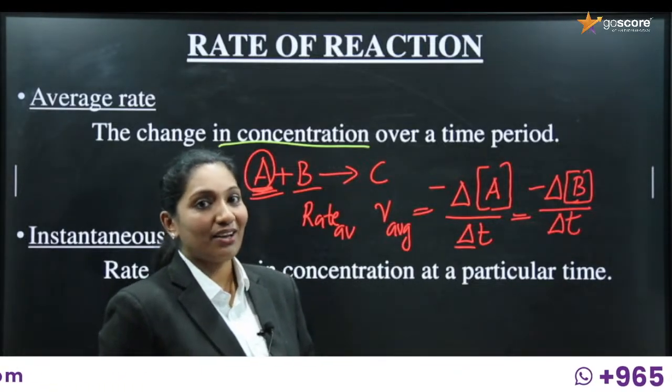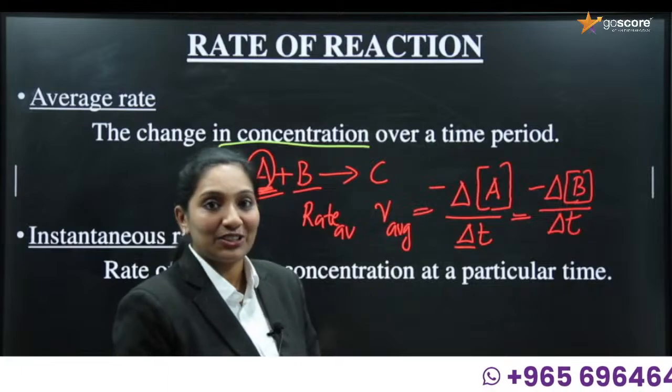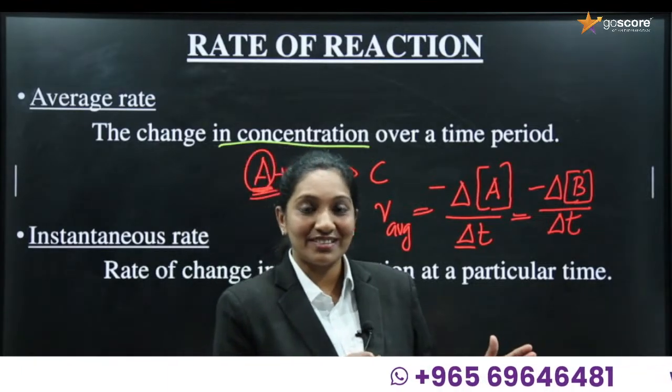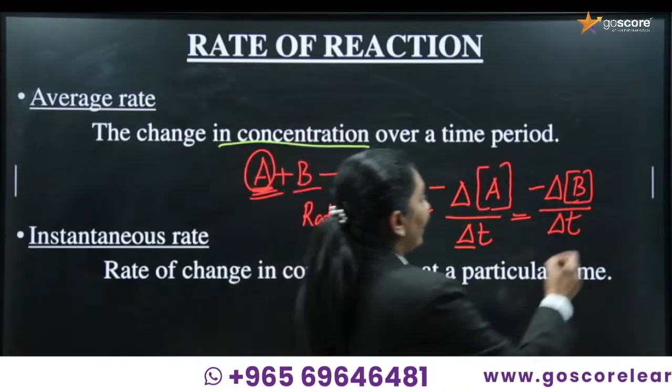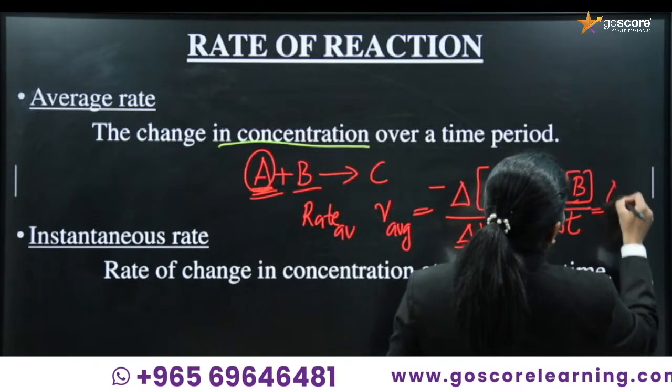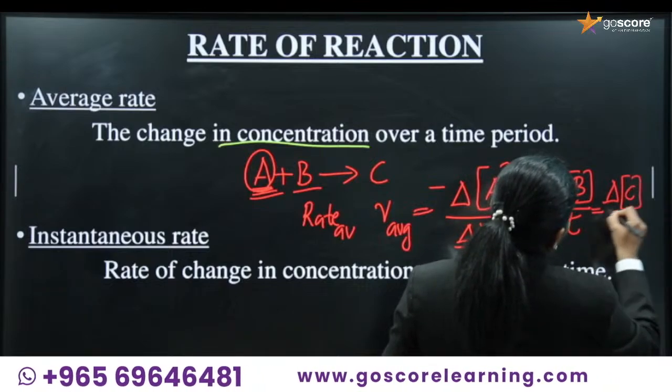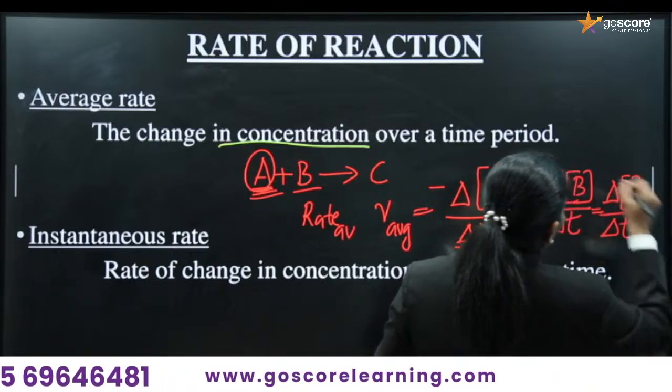No, right? Because C is the product. During the reaction, what happens? The product concentration is increasing. So we can write the rate in terms of C as delta concentration of C by delta T.